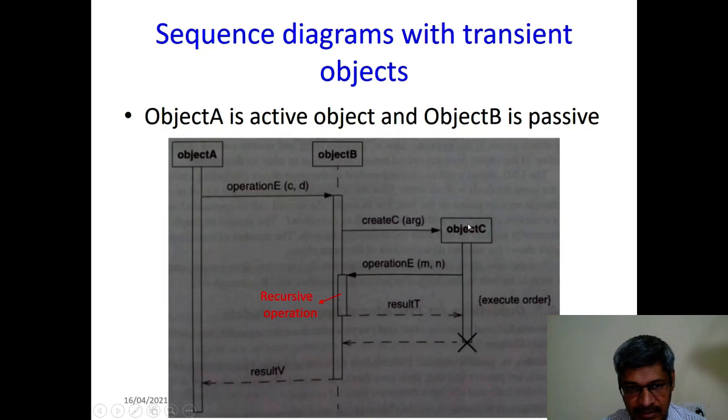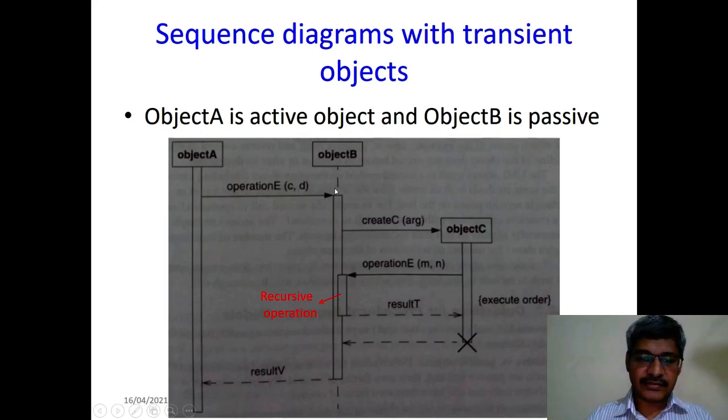So it is an active object. Once this response has come back, you can send the result back, because you have received a call with operation E, and you send back the result value, and that's it. The activation finishes and this object B becomes inactive.